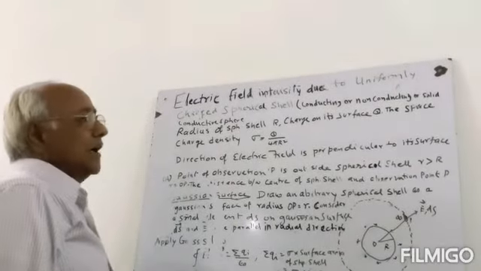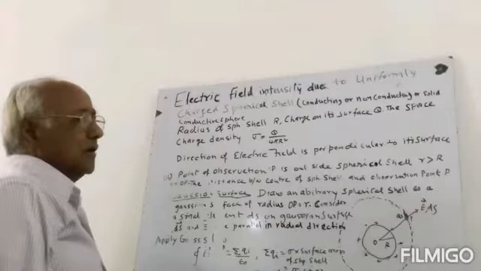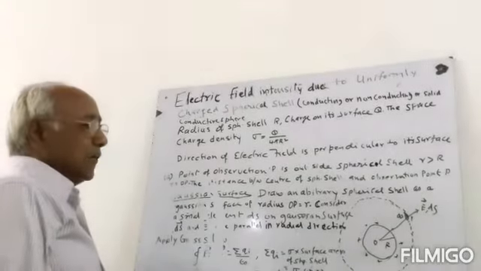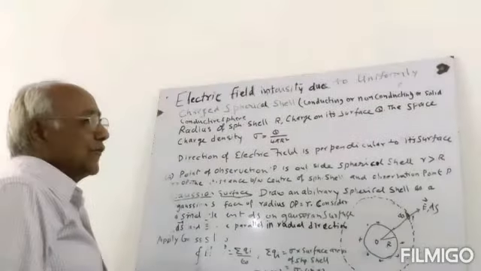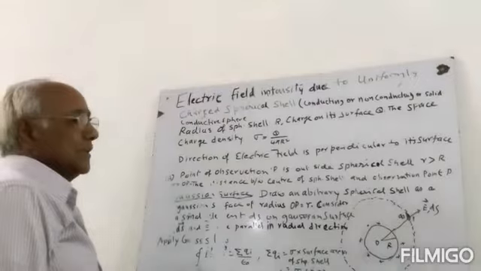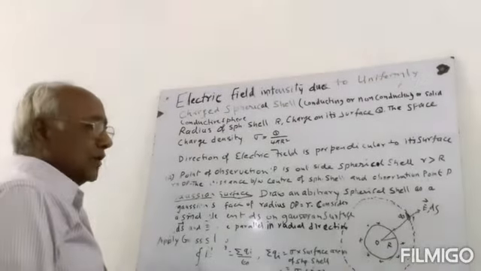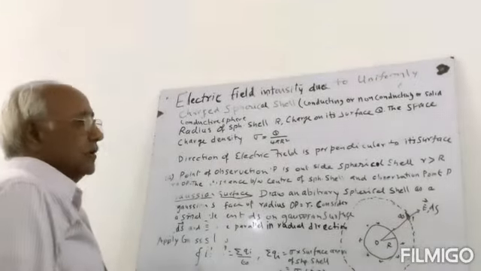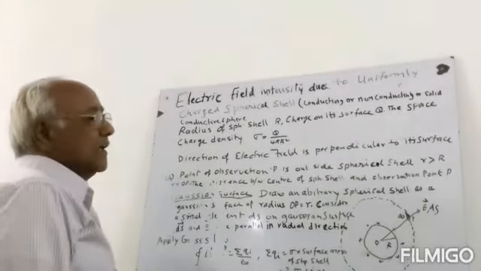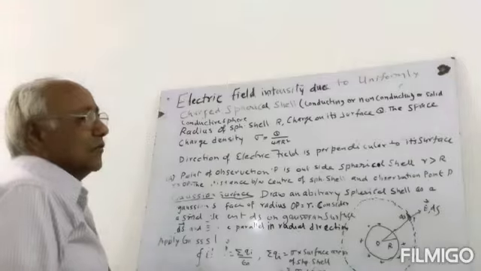All these three are equivalent because the charge will always be on the outer surface of the spherical shell, whether it is conducting or non-conducting, or if it is a conducting sphere, the charge will always be on the outside.